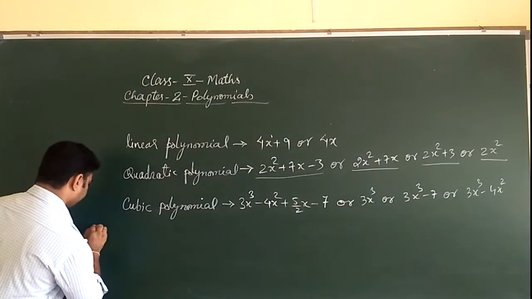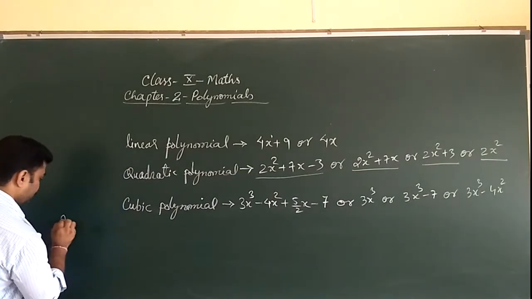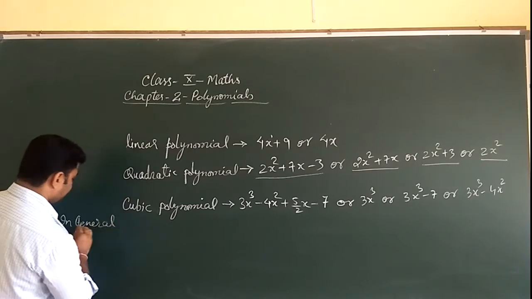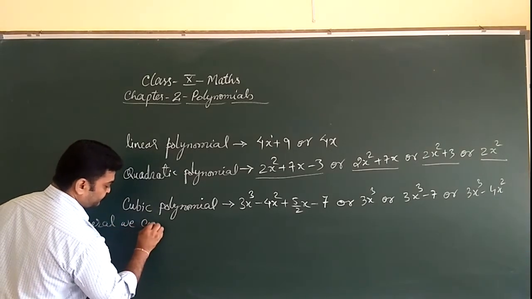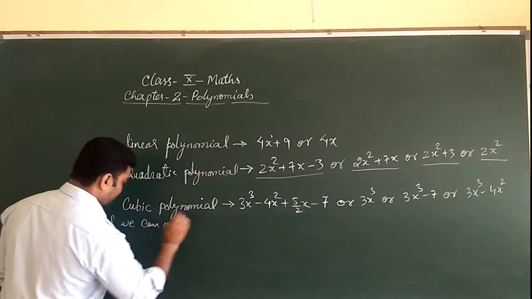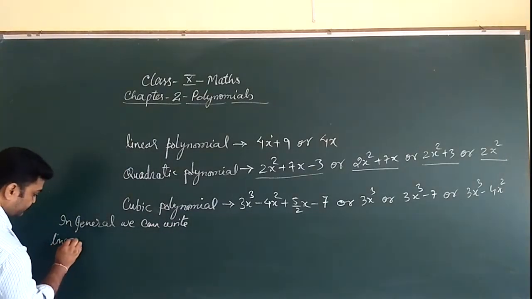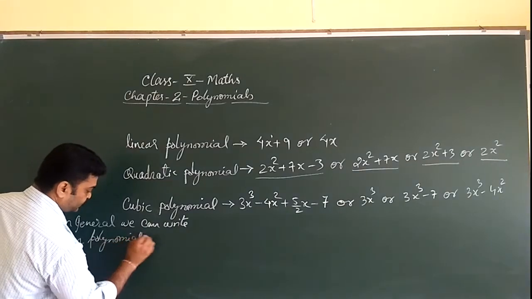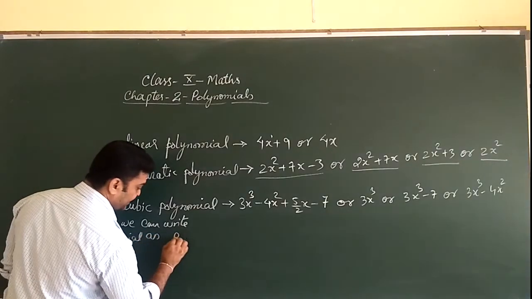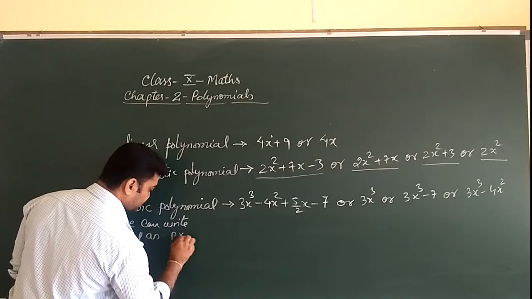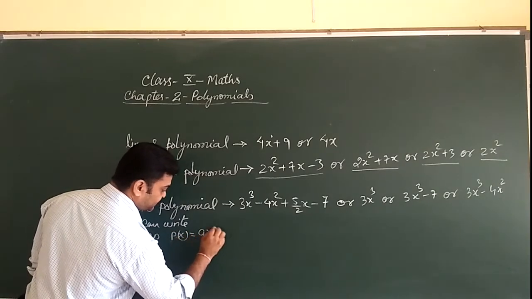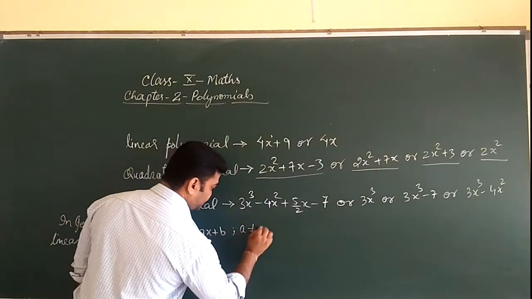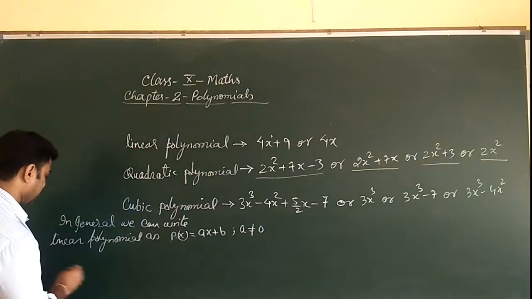In general, we can write a linear polynomial as p(x) is equal to ax plus b, where a is not equal to 0.